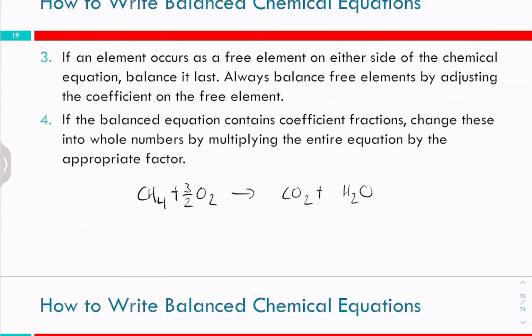But we can't have half of an oxygen molecule. So we would multiply the entire thing by 2. So it would be 2 CH4 plus 3 O2, 2 CO2 plus 2 H2O. So multiplying everything by 2 gets rid of that fraction and makes it a whole number 3.